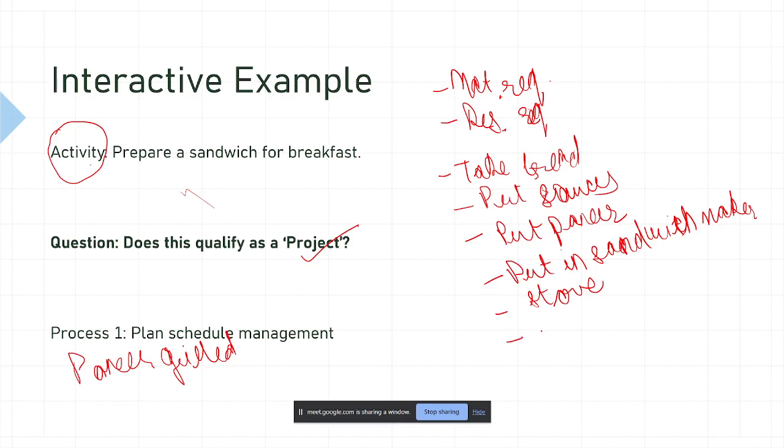Just let me make the list first. So, anything else I'm forgetting here? I mean, we took bread, we put sauces, we put paneer in it, we put it in sandwich maker, then we grilled it on a stove and served it. Anything else?